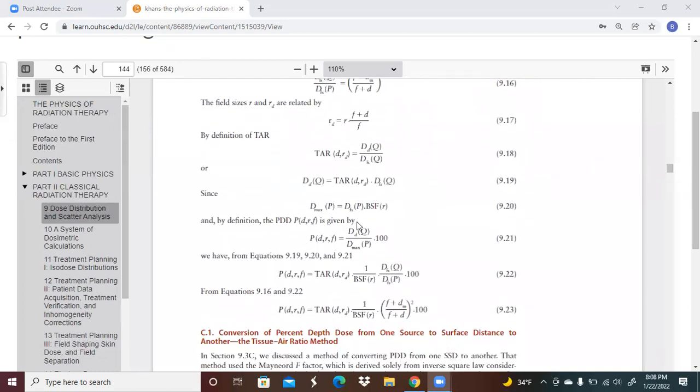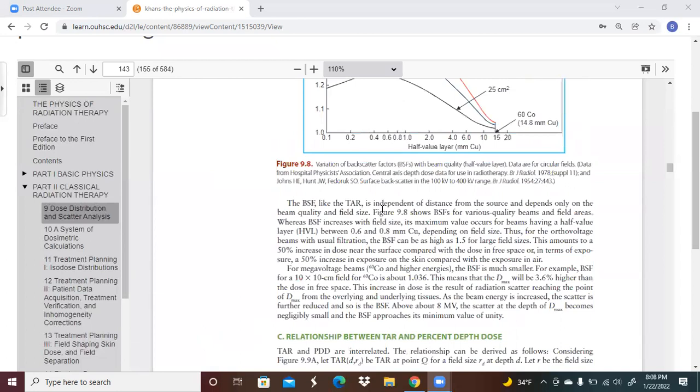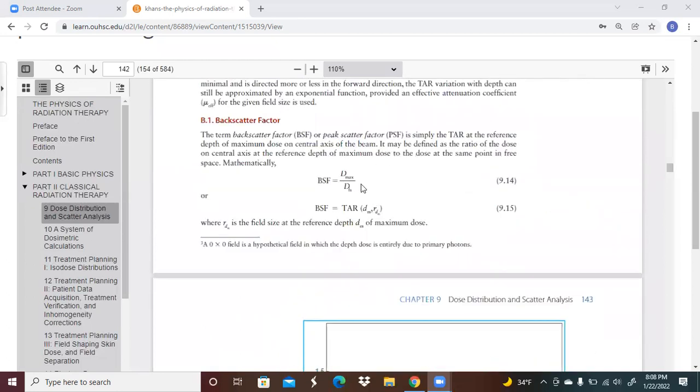We know that the Dmax here divided by that same point in free space is going to be referred to as the backscatter factor, because that's how it's defined, related to the point at Dmax. If you go back and check this particular formula, you can see that.